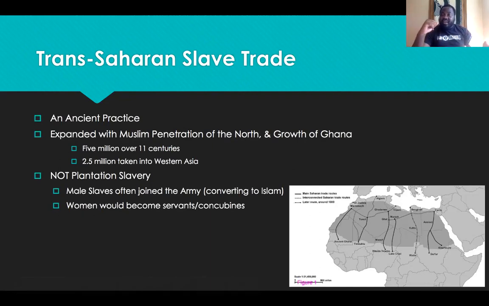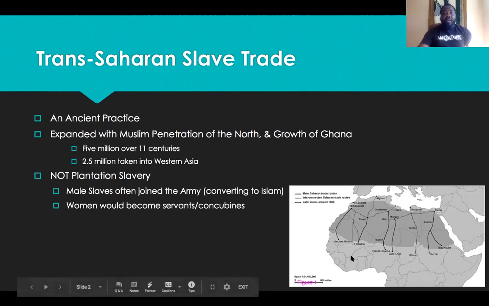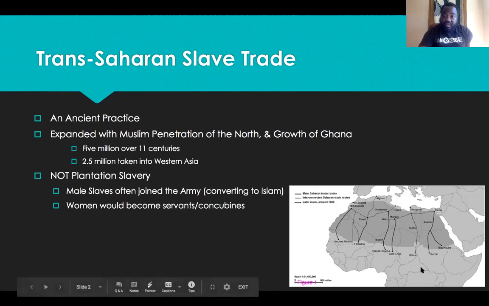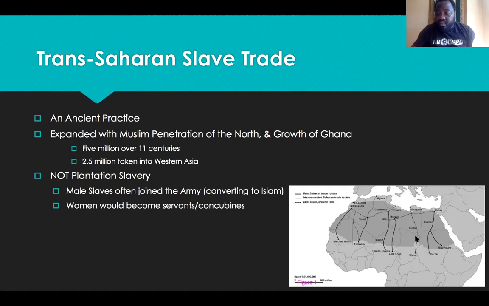The need to extract the resources, gold and the like, in this region ended up leading to a massive slave trade where folks were captured from sub-Saharan Africa into this region. And the numbers look large: 5 million people over at least 11 centuries.